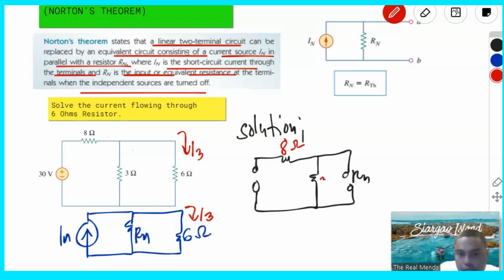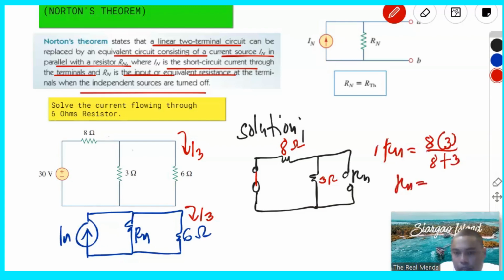This is 3 ohms. And then let's short the power supply. Okay, so we all know that these two resistors now are connected in parallel. So therefore, our RN is just 8 times 3 over 8 plus 3.